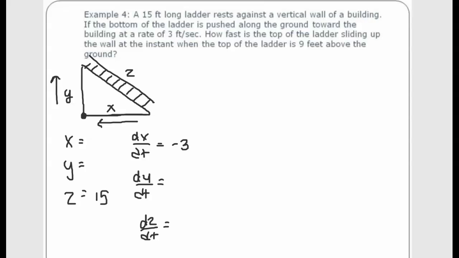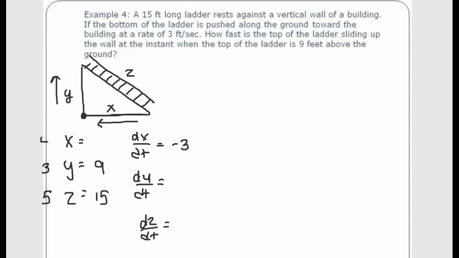The ladder is 9 feet above the ground, so I'm given y. And does anybody know x without doing the Pythagorean Theorem? What's 9 divided by 3? What's 15 divided by 3? 5? 4.